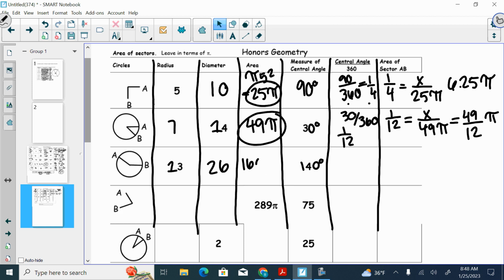Oh, thank you. The angle was 140 degrees. 140 out of 360 is going to simplify down to what? Good. And you can use either one of these fractions as the first fraction over here.